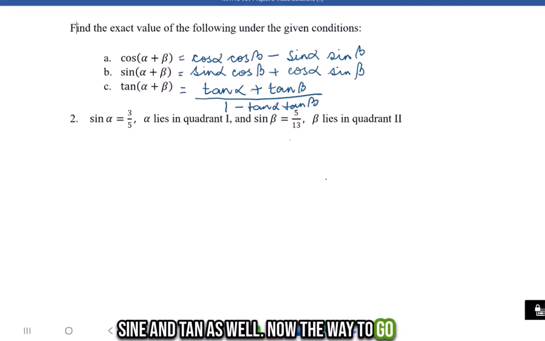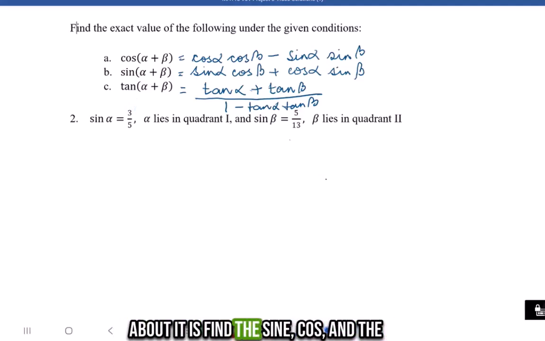And with this information, we have to find the ratios of cos of alpha plus beta, sine and tan as well. Now, the way to go about it is find the sine, cos, and the tangent ratios of both alpha and beta.